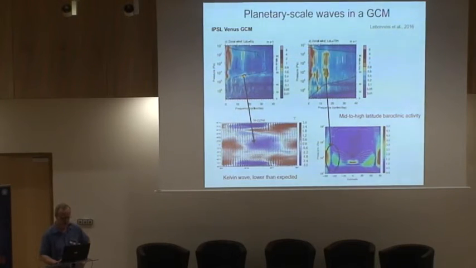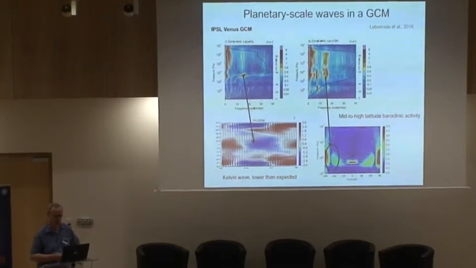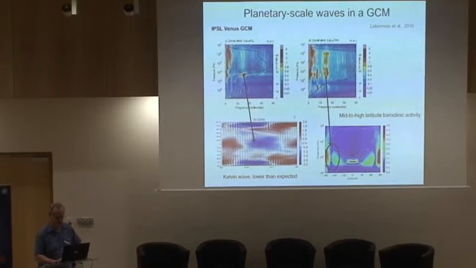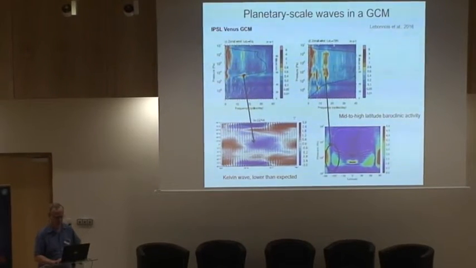And it's interesting because at 70 kilometers altitude, where Kelvin waves are seen in the figures before on UV images, the GCM doesn't generate Kelvin waves. So it shows clearly that the GCM does not properly represent the wave activity on Venus, of course. And this one was at the equator, and at higher latitudes.